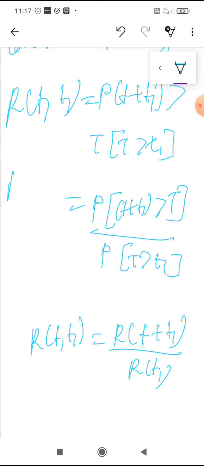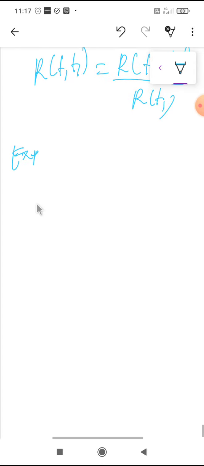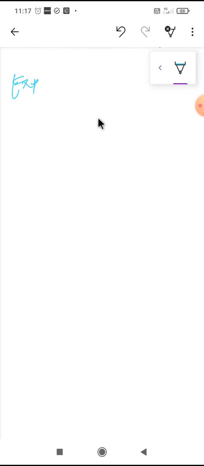If we see a small example, the reliability function of a system is assumed to be an exponential distribution such that R of t is equal to e raised to minus lambda 0 t, where lambda 0 is a constant hazard rate. Calculate the reliability of the system for a mission time T given that the system has already been used for 10 years.